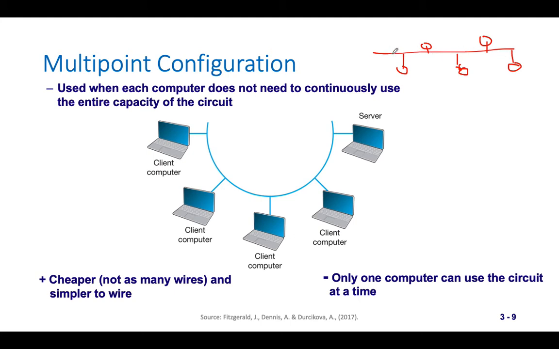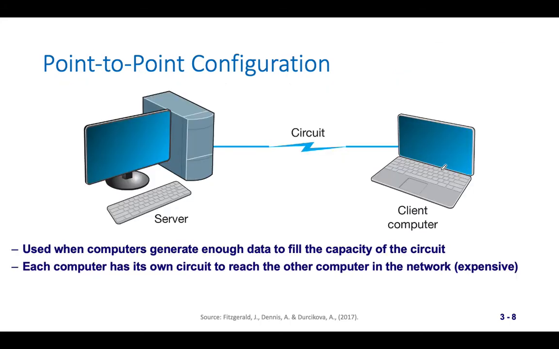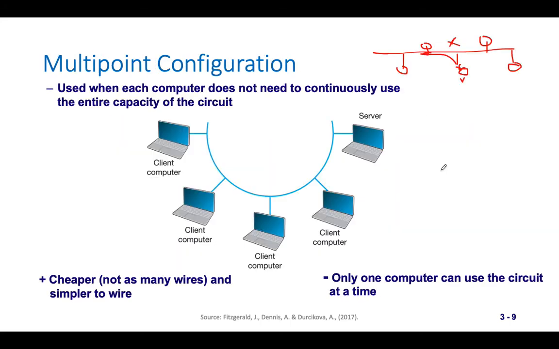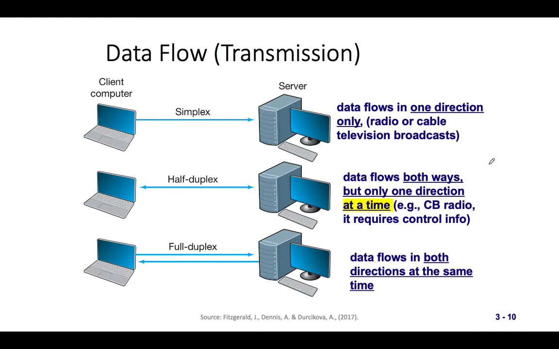If someone is using it, the device will not send, it will wait until the channel becomes clear, then it starts sending. However, even with that, some collision still happens, which is another story away from your study for now. So the multi-point and the point-to-point, keep that in mind, please.